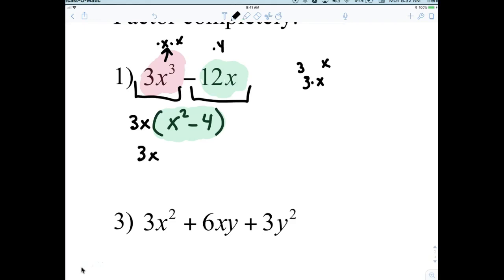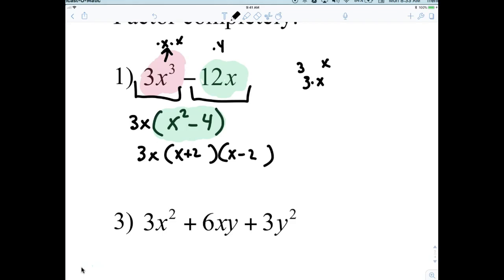Somebody tell me. Is it x minus 2 and x plus 2? Wow. X plus 2 and x minus 2. Everybody happy with that explanation? Everybody good? All right. So you're factoring out anything that's common.